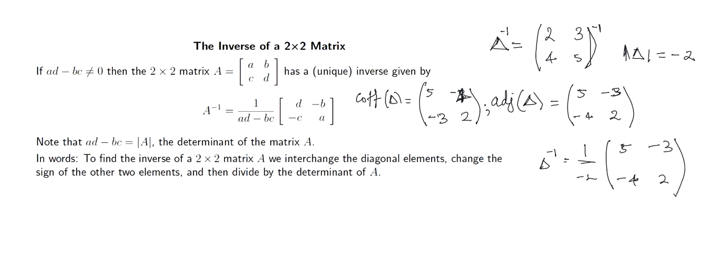Now we can write that delta inverse as, take the minus 2 inside, that should get us the right one. Minus 5 over 2, positive 3 over 2, and 1 by 2 minus 1. 2 and a minus 1.